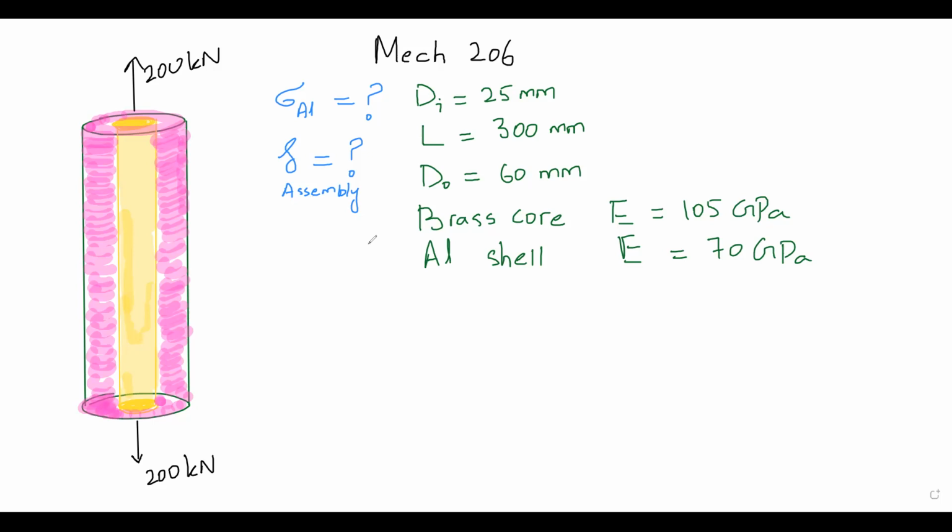So let me start this problem by saying we have, let's say, P equal to P of aluminium plus P brass, right? And then, because at the end of the day, when you are applying a load, please understand that you are applying the load by use of some rigid end plates.